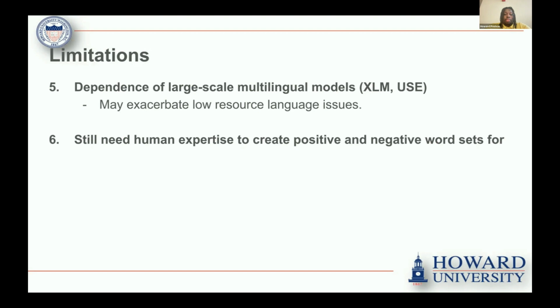And so we would still need human expertise to create positive and negative word sets for the language of choice. And this is because there's no trusted automated process or models that would be able to do this on its own. And so when it comes to data sets, this is also why it's so limited, in that you would need humans to hand label all the data points to be able to get an accurate reading.